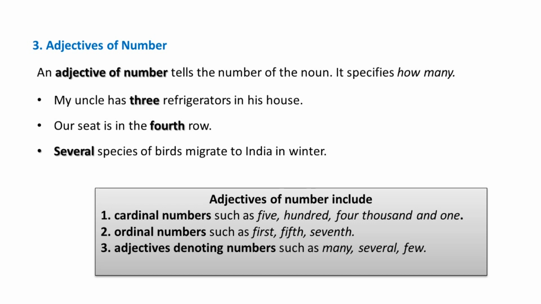Therefore, we call all of them adjectives of number. And one thing that you must remember about adjectives of number is that they are used for countable nouns. A short while ago we learned that adjectives of quantity are used to refer to uncountable nouns. So here you must remember that adjectives of number are used for countable nouns.